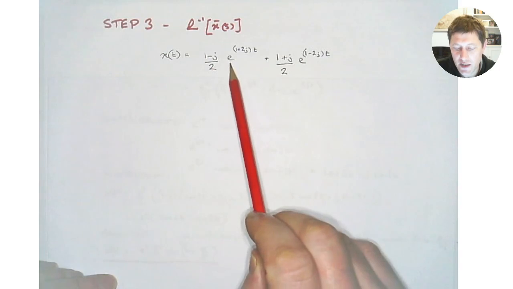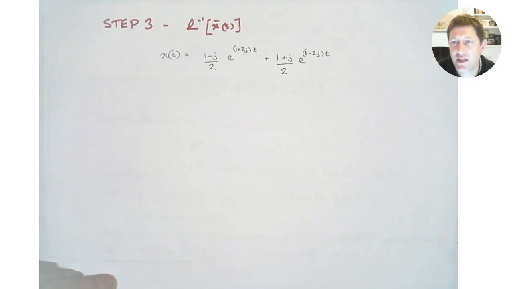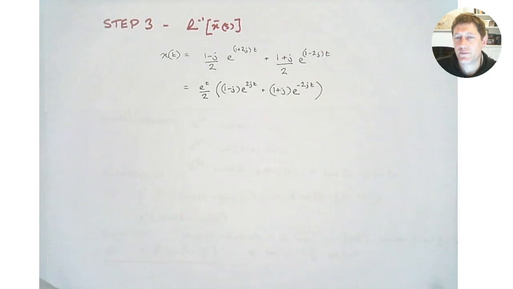But we know when we see things like this, e to the jt term, that that's an expression of sinusoidal functions. And so we're thinking we can simplify or convert this way of writing it into one with sines and cosines, and things like that, which you might find more intuitive to look at.